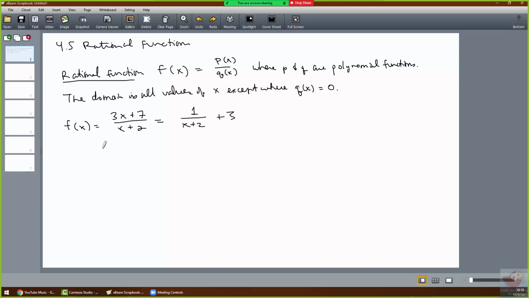So if we were to graph this as a transformation, the x plus 2 would say move left 2, and the plus 3 would say move up 3. So our new vertical asymptote would be at x equals negative 2, and the new horizontal asymptote would be at y equals 3.